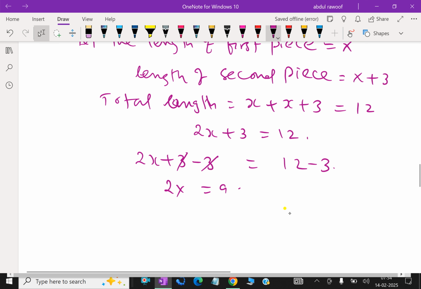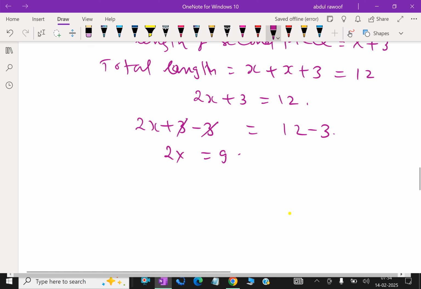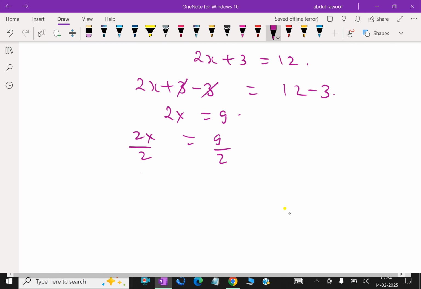Then divide both sides by 2 to get x. The 2 cancels, so x equals 4.5, x equal to 4.5 meters.